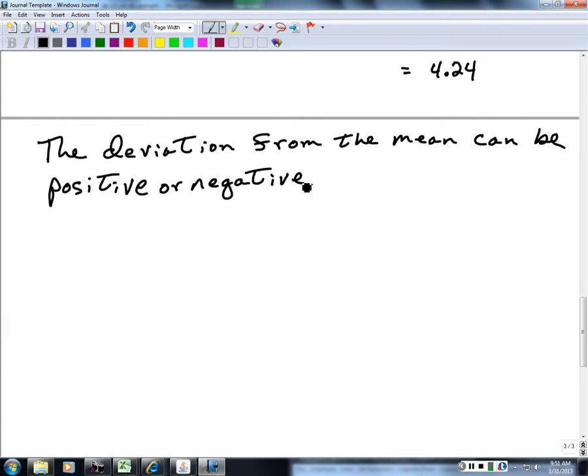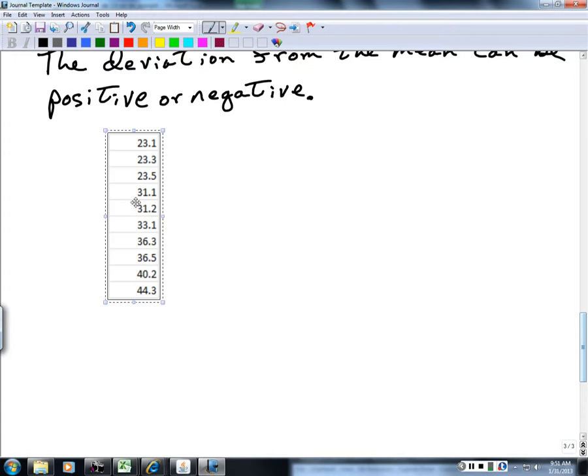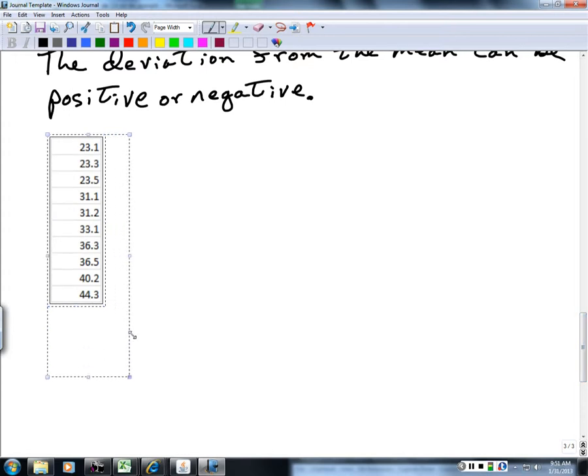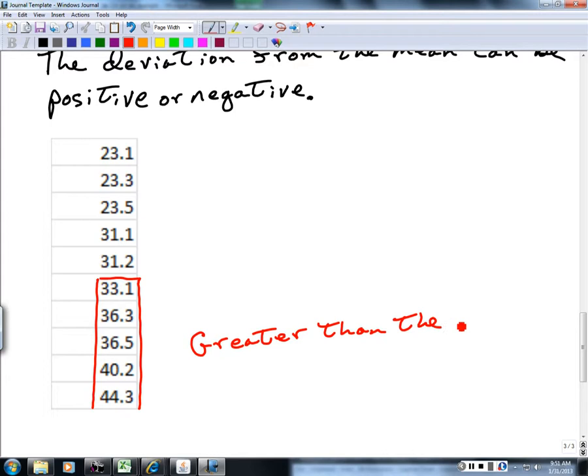And like I said, we were talking about looking at numbers that were to the left of the mean and to the right of the mean. Well, once again, let's just identify. These right here are all my values that are greater than the mean. Or I should say to the right of the mean.